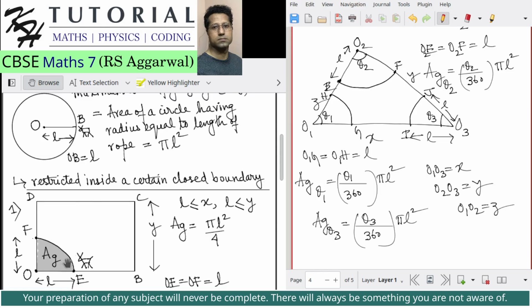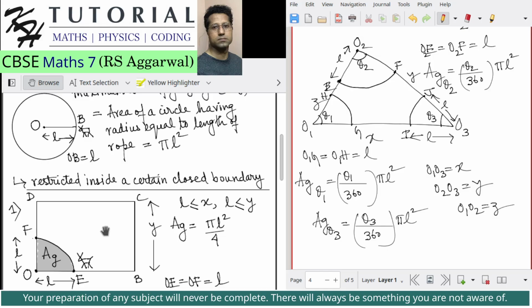Once I complete solving the problems of the exercise 20G and the test paper, then I will solve some problems based on these concepts. Now, before moving on to solving the problems of the next exercise, which is 20G, which has objective questions based on the entire chapter of mensuration, I would like to solve a few example problems on how to find the area of shaded regions based on circles.